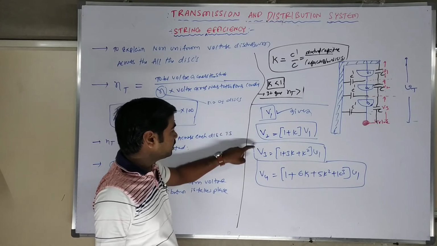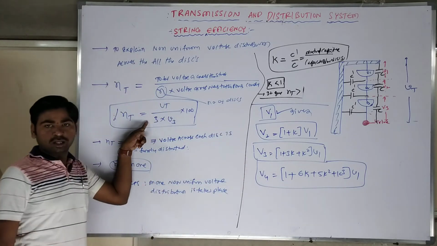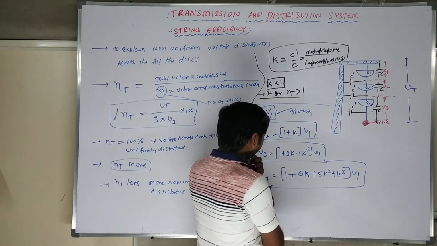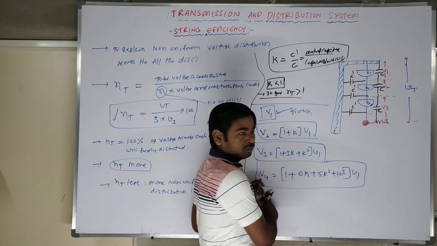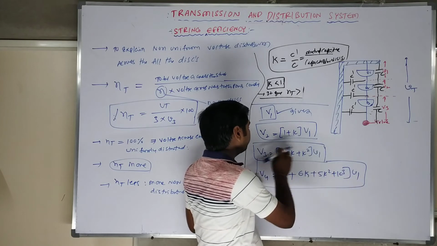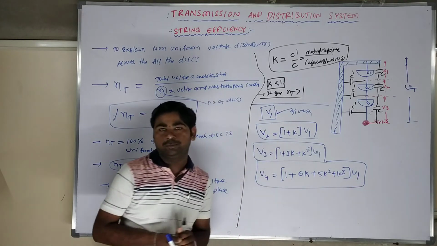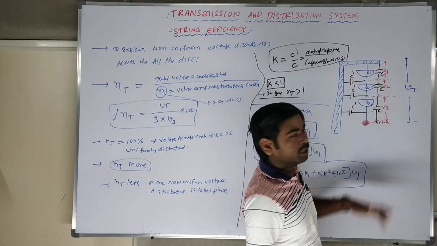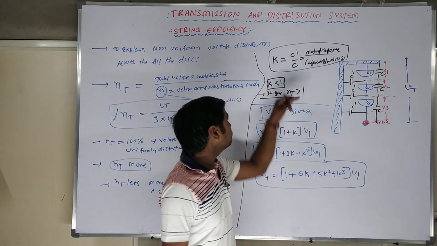Once V1, V2, V3, V4 are calculated, you can calculate the string efficiency. If in the examination they mention the V4 value, no problem: find V1, and after that V2 and V3 are easy. If they mention V1, the other two you can calculate easily using the K value.